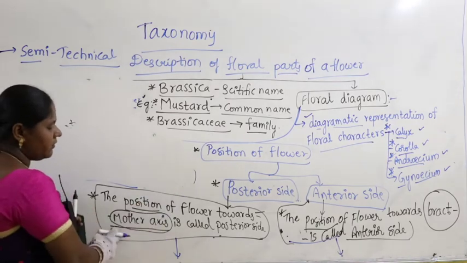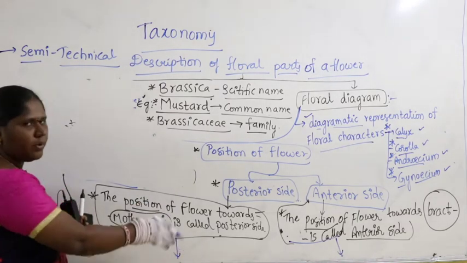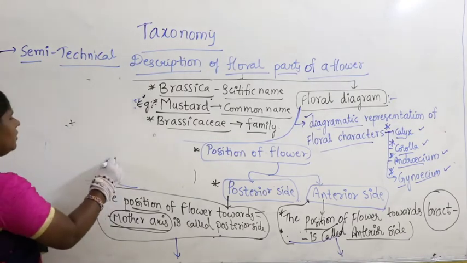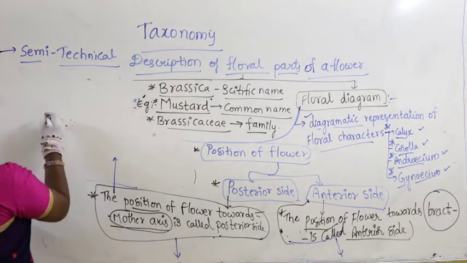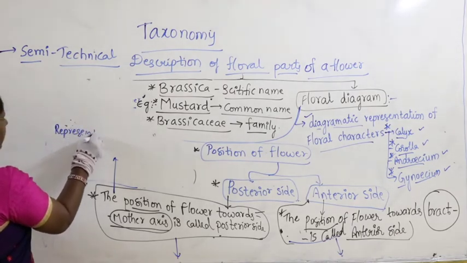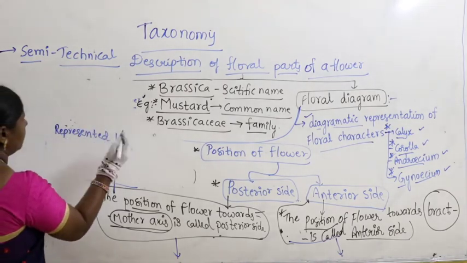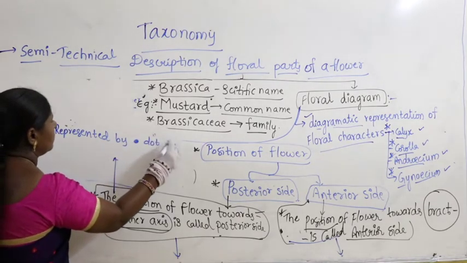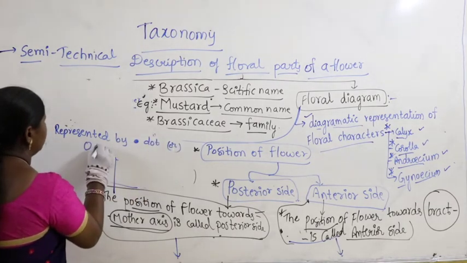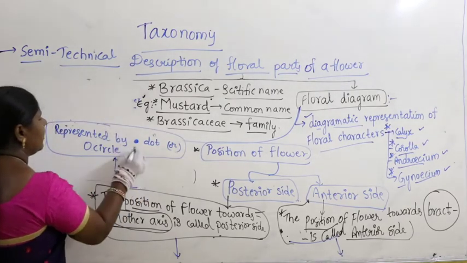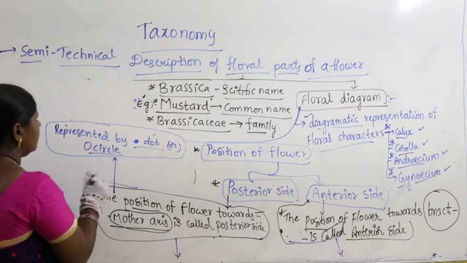After you write this definition, keep an arrow mark and start writing down; I am writing it up. It is represented by a dot or a circle.